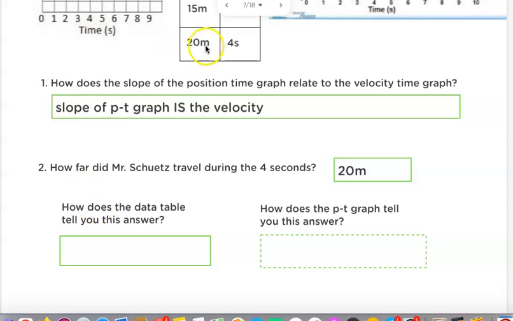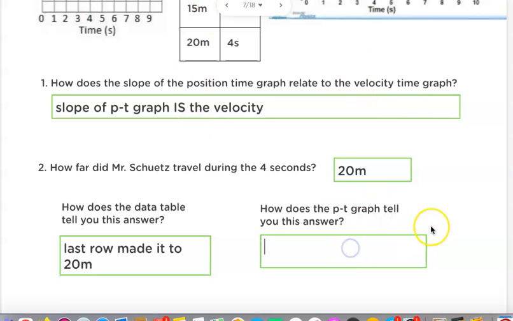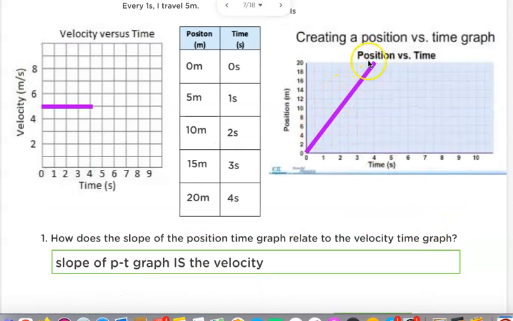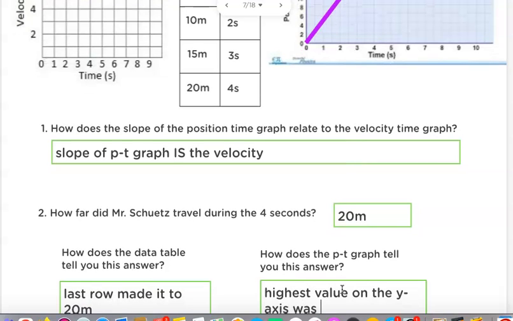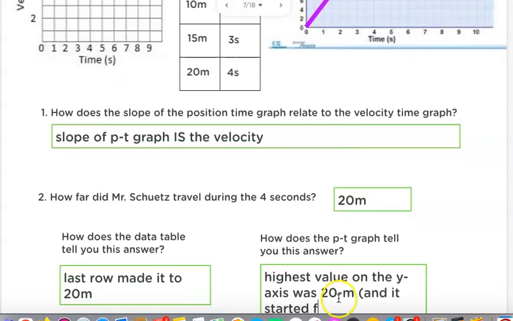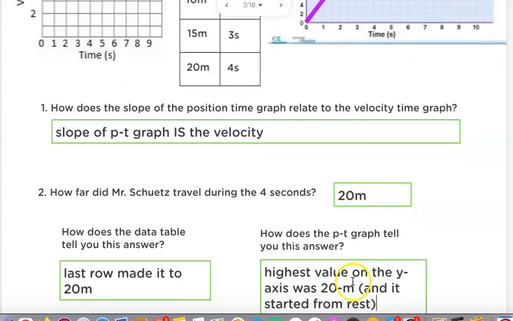Because the last row made it to 20 meters. How did you know it from the graph? Well, you just read the graph. The highest value on the y-axis was 20 meters, and it started from rest, or 0, okay?